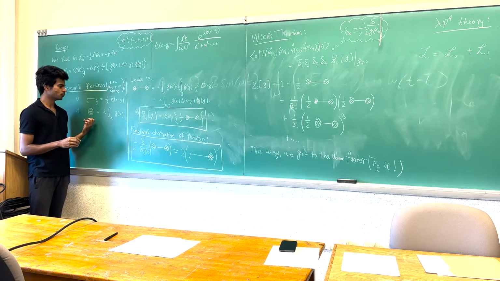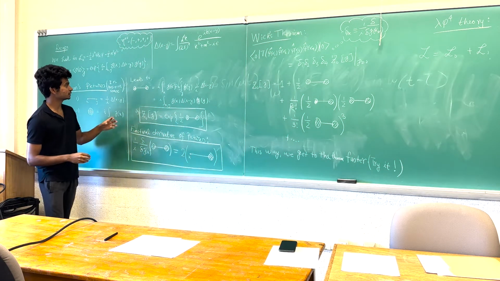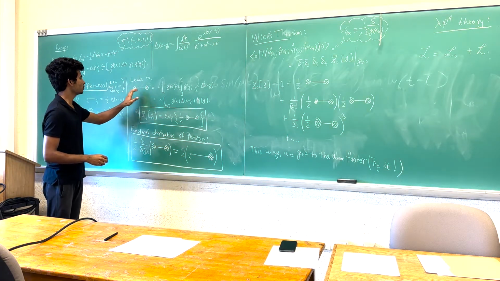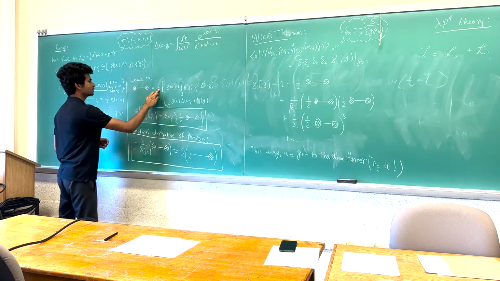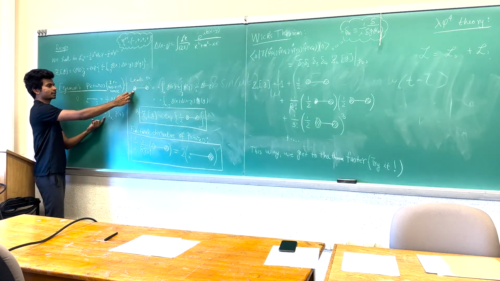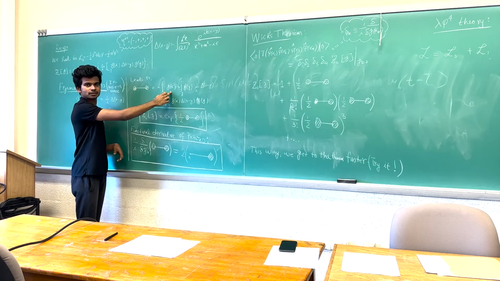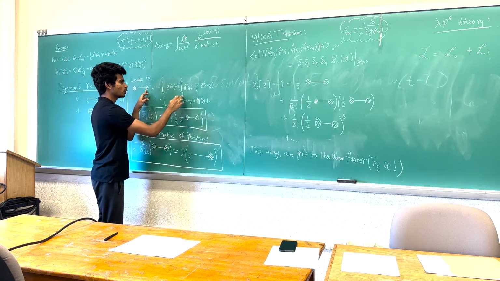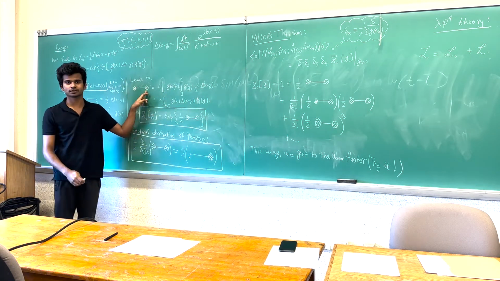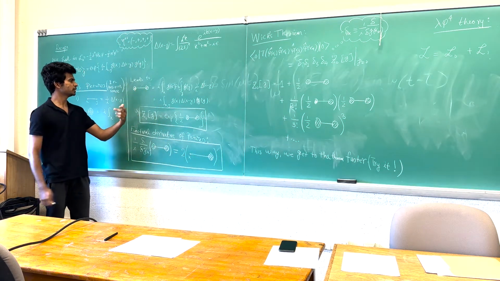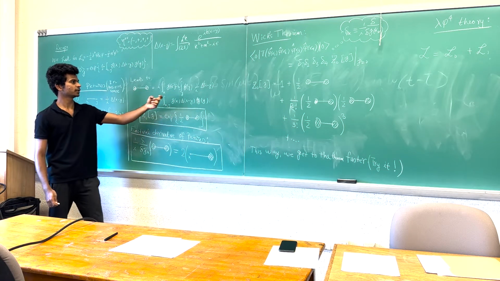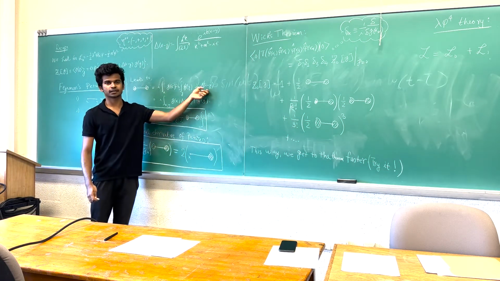So with these pictures, we can write blob, line, blob to be what? This blob is just i integral x j(x), and this other blob is i integral y j(y). We are using 2 different integration variables, and then you have a propagator in between, and we've said this is x and this is y, so it's 1/i delta(x minus y).